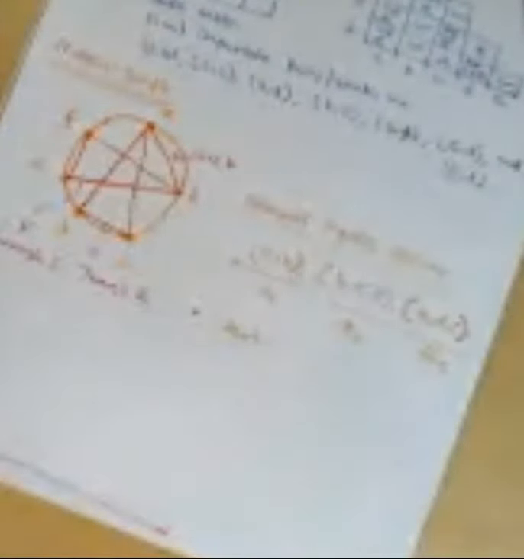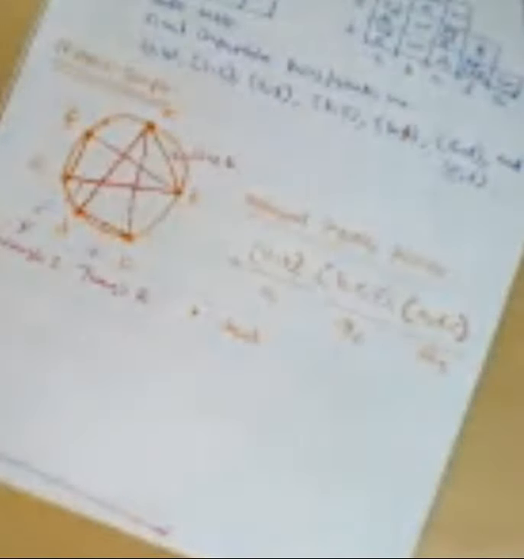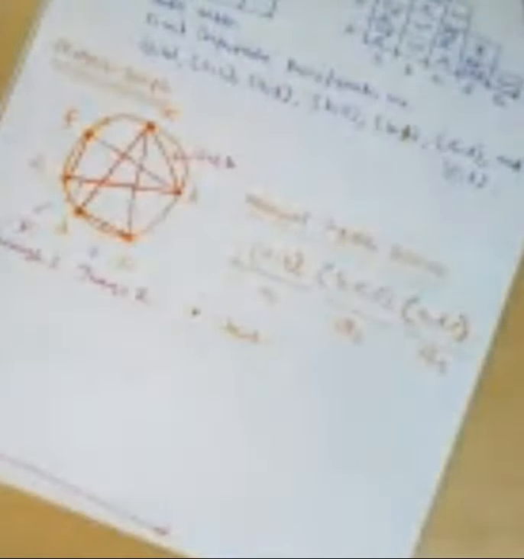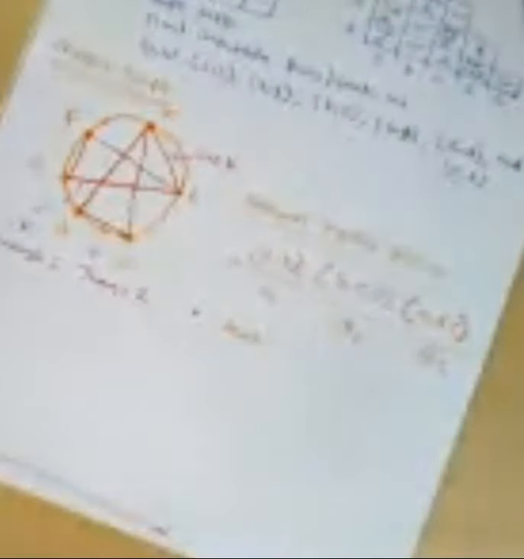Below that write step A. Draw a circle. Mark all the states on it.